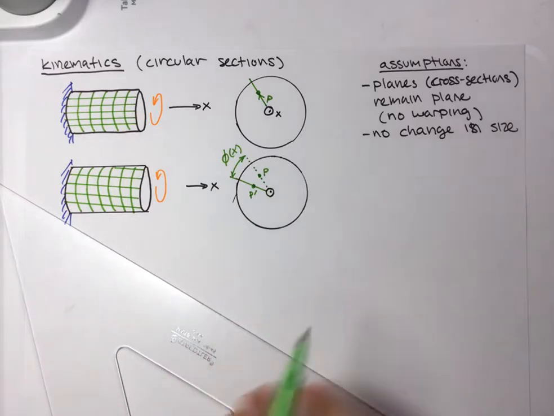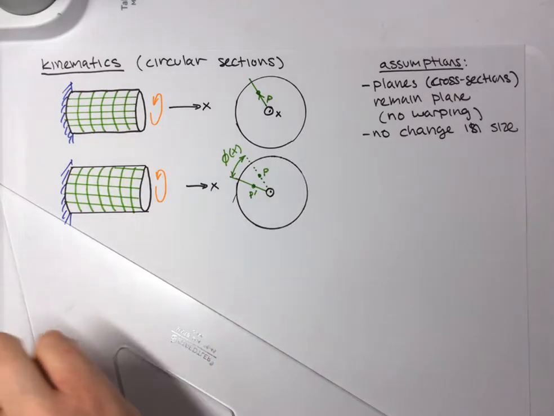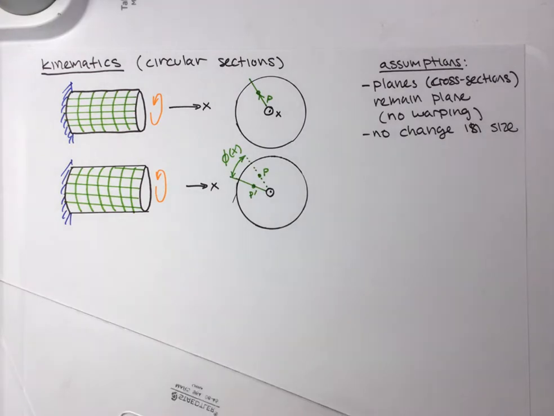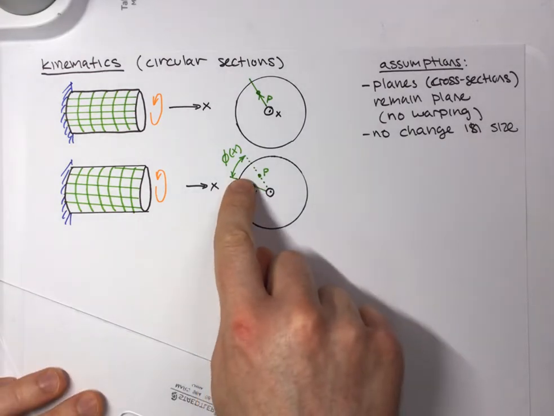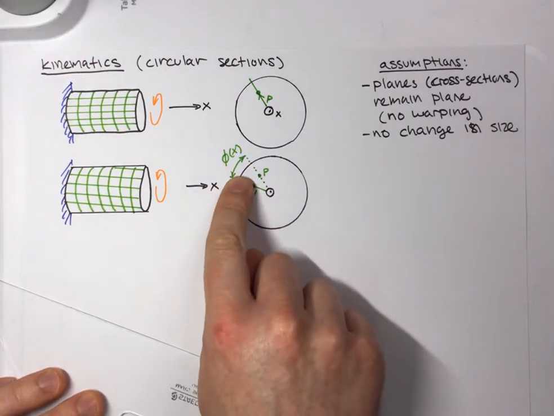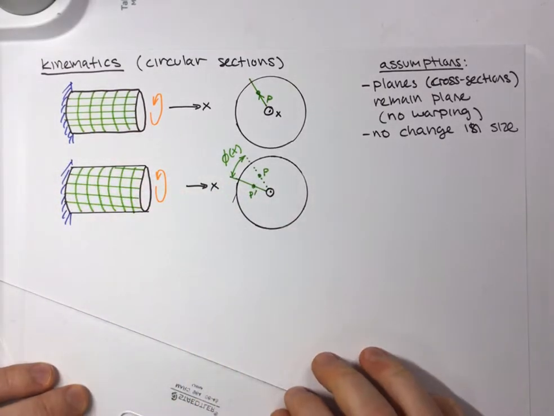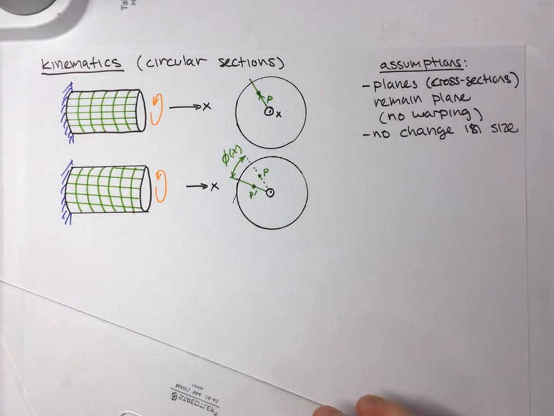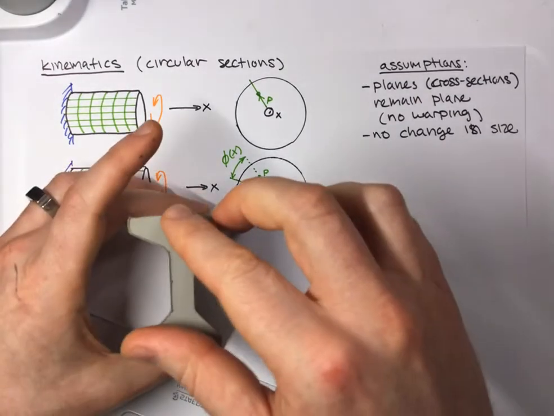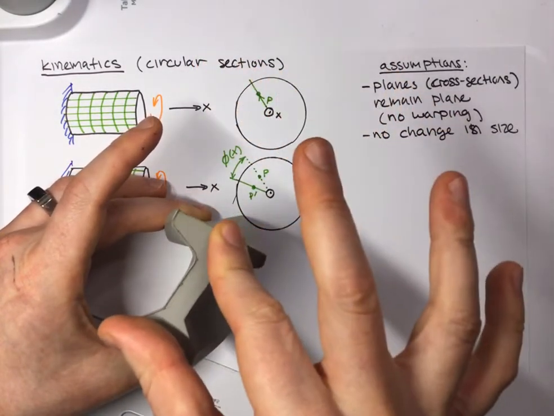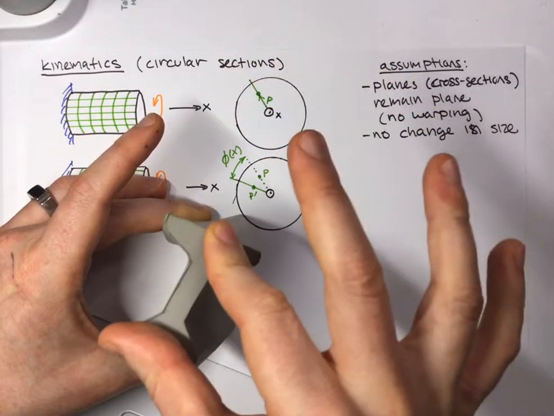And we can look at one of these elements here, and we can try to start to figure out how we can relate this angle phi to the amount of shear that we put into our material. So torsion, as it turns out, ends up just being a purely shear deformation.